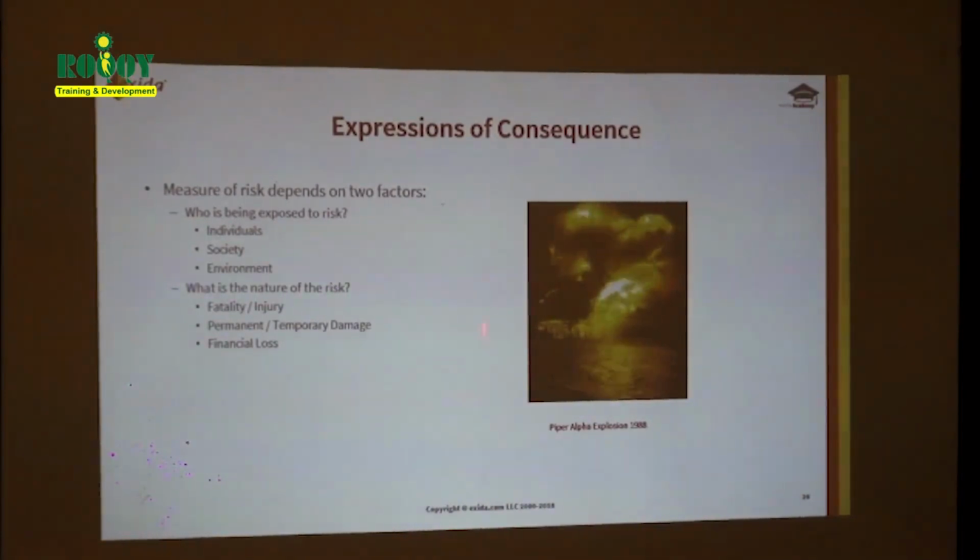Okay? And this comes out of the Piper Alpha explosion. If you've seen the video, you'll see how frightening a gas explosion can be. When they have a full bore rupture, 3 tons a second coming out of a pipe. That's what happens when it goes wrong.